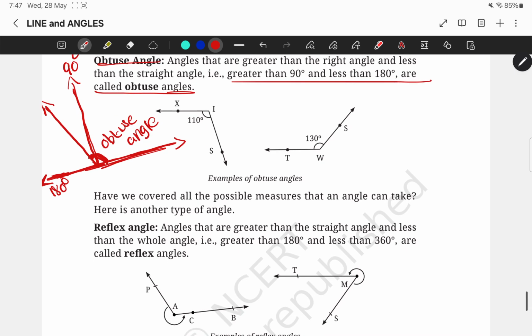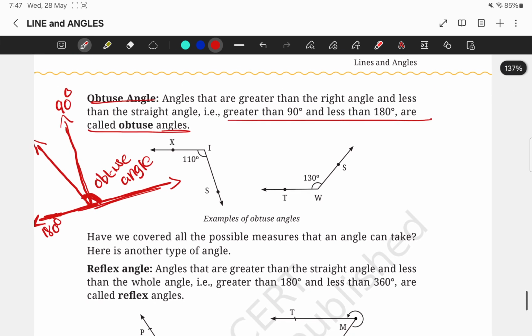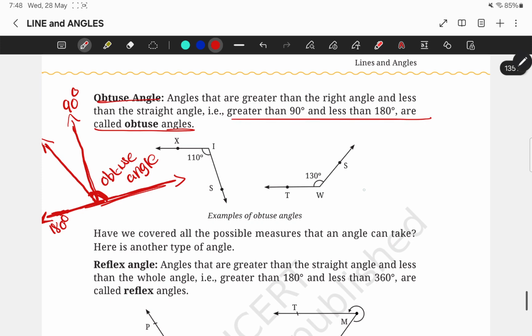And next, a straight angle. For the straight angle, I am again taking the first arm. This part will be the vertex.